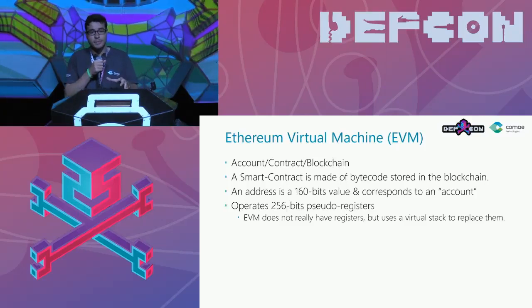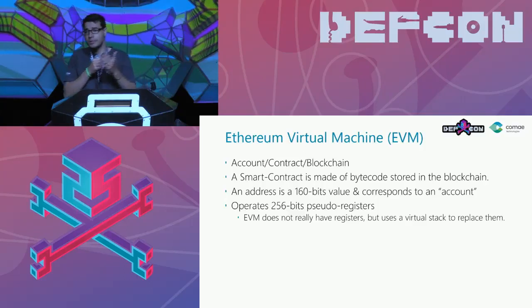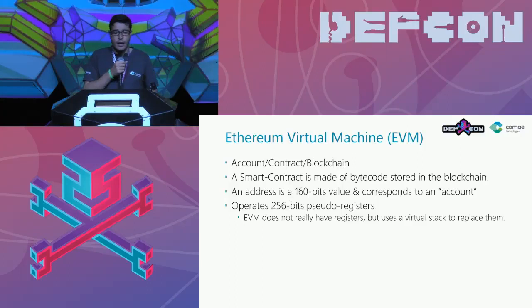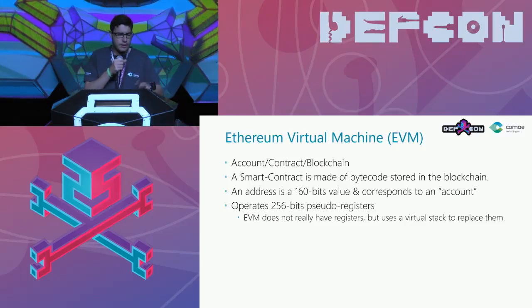A smart contract is basically a synonym, a fancier word for bytecode, and it's stored inside the blockchain. It uses 160 bit addresses, and addresses correspond to an account. One of the specificities of the Ethereum Virtual Machine is that it uses 256 bit registers. But they don't really have registers like you would know in traditional architectures, like x86, for instance. They have this concept of a virtual stack.